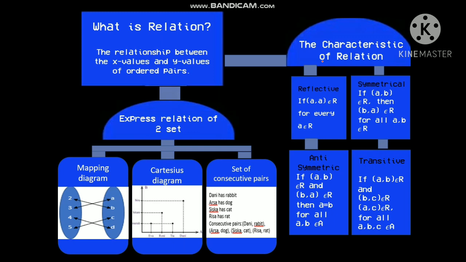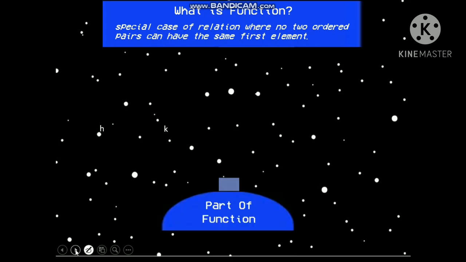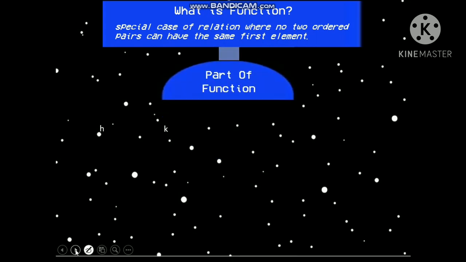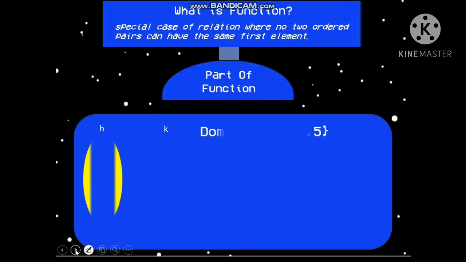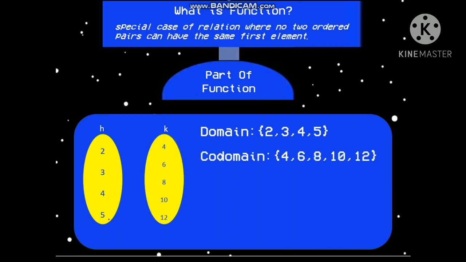Okay, the next is, what is function? A function is a special case of a relation where no two ordered pairs can have the same first element. Okay, parts of the function. First is the domain. This domain is 2, 3, 4, and 5. The second is codomain.